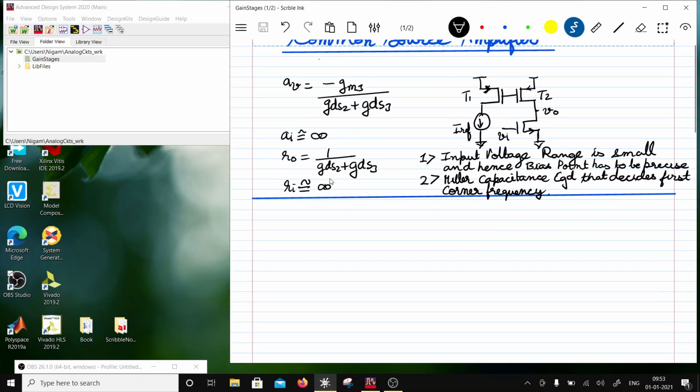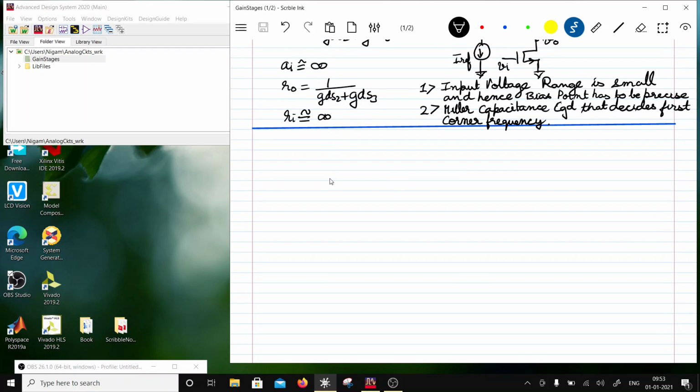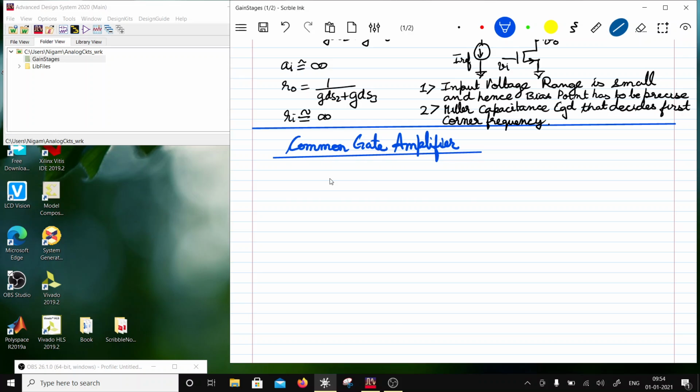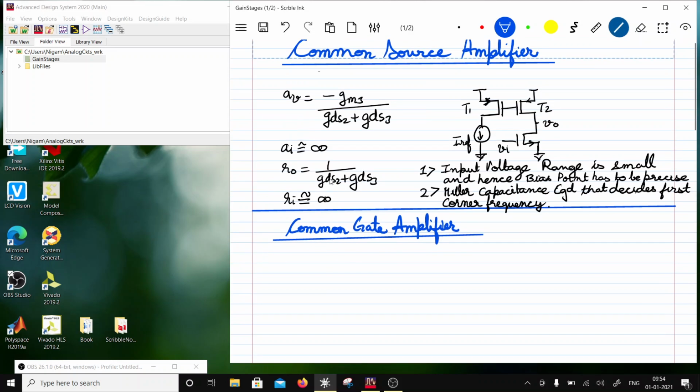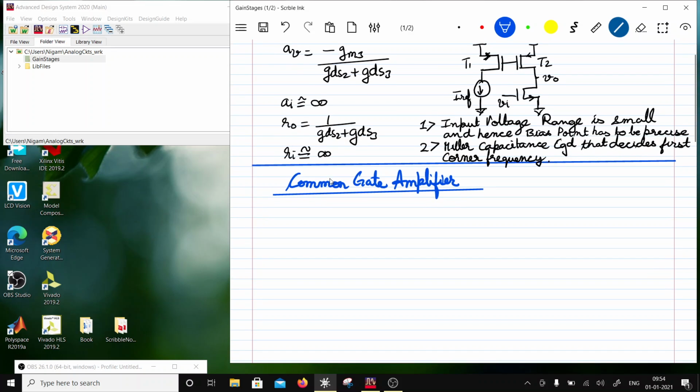So now let's go to the common gate amplifier. A common gate amplifier is the same topology as a common source amplifier. It's just that instead of applying the input at the gate, I'm going to apply the input at the source.